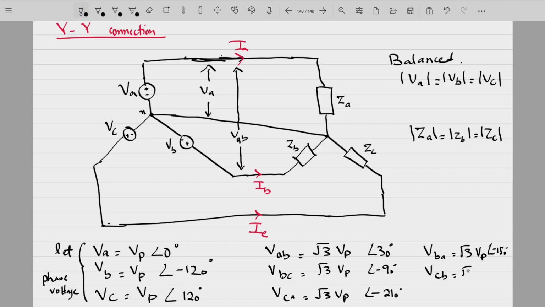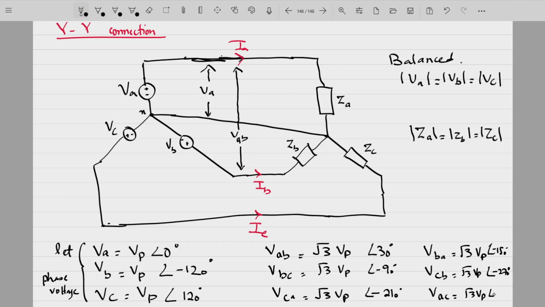VCB will be root 3 VP angle minus 90 minus 180, that is minus 270, or you can simply say plus 30 degrees. And VCA or VAC will be root 3 VP angle minus 210, minus 210 means 30 degrees.